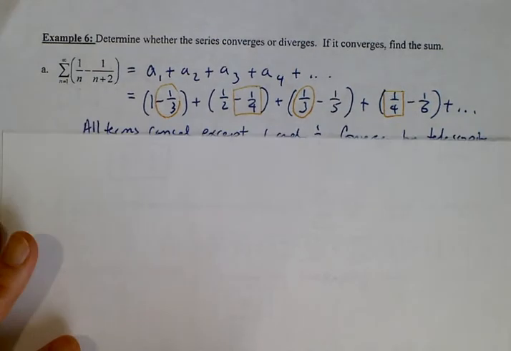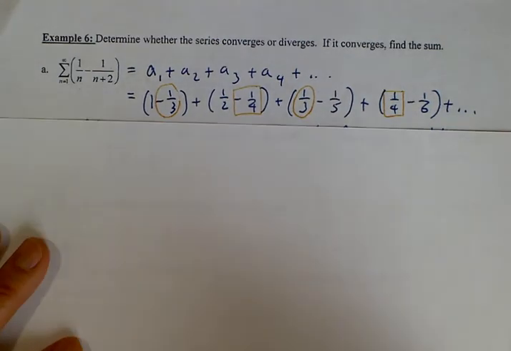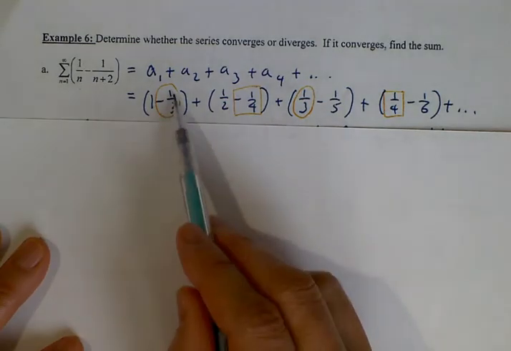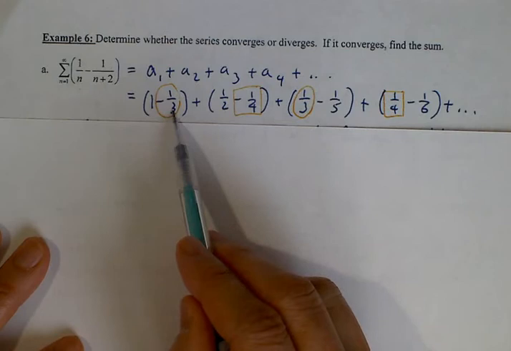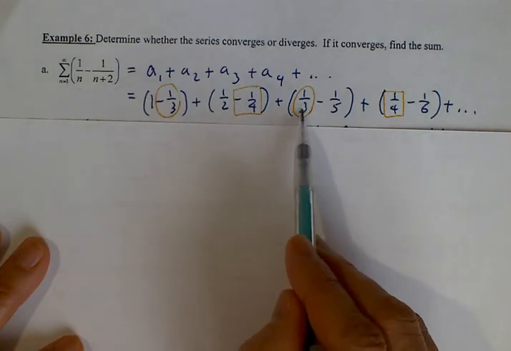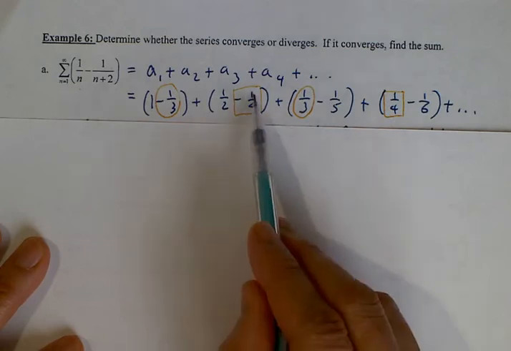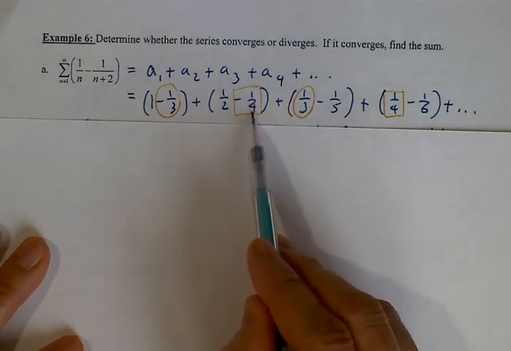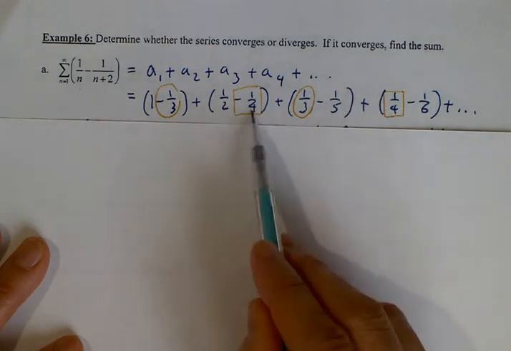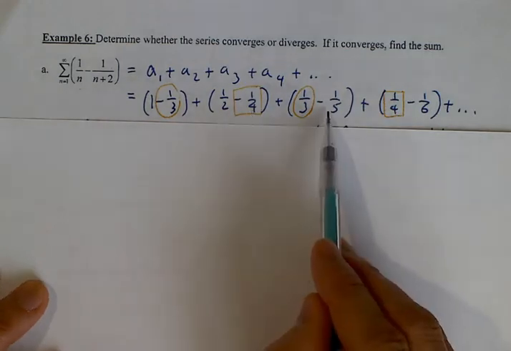Okay, so notice that you've got terms that are canceling out. This negative 1/3 actually cancels out with the 1/3 right here in the third term. And then you have a negative 1/4 that's going to cancel out with the 1/4 in this one. So it's not the next term, but the term after that, that it's canceling with.